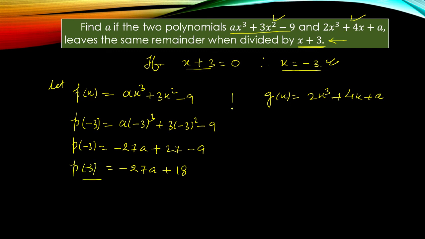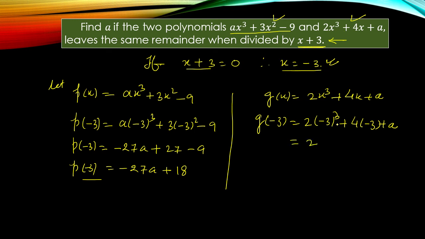Now trying to get the remainder of the second part. Putting the 0 of the divisor in the polynomial, that is 2 into minus 3 the cube plus 4 into minus 3 plus a.